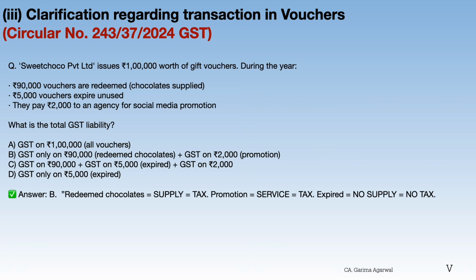B. GST only on 90,000 rupees, those are redeemed vouchers, plus GST on 2,000 rupees for promotion. C. GST on 90,000 plus GST on 5,000 of expired vouchers plus GST on 2,000 rupees for promotion. D. GST only on 5,000 rupees of expired vouchers.